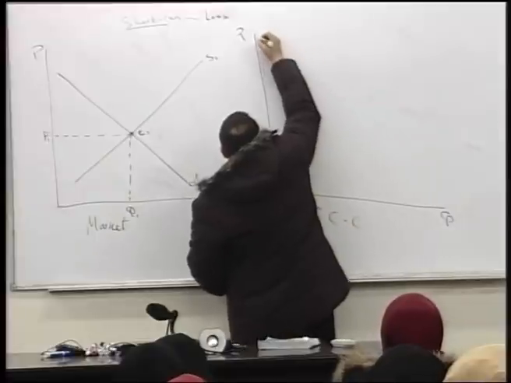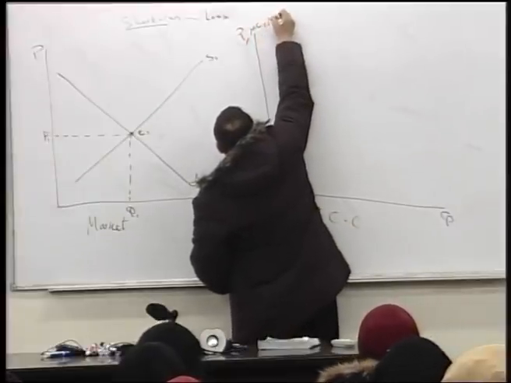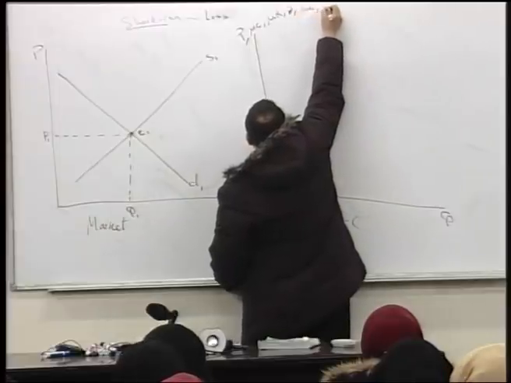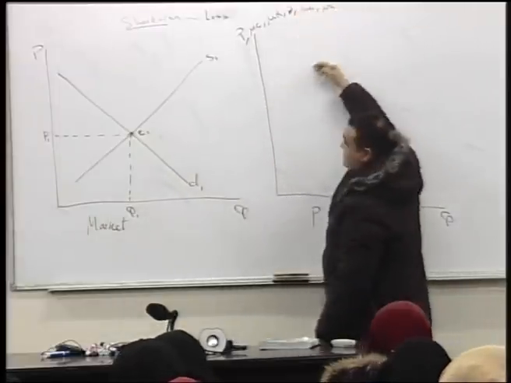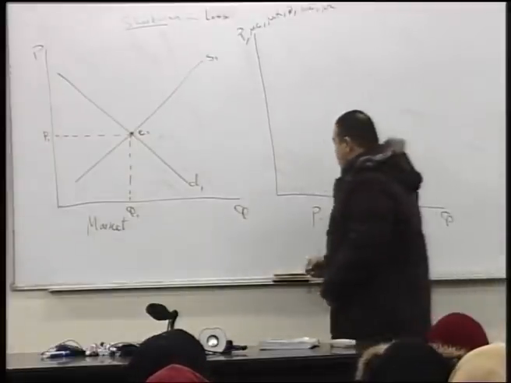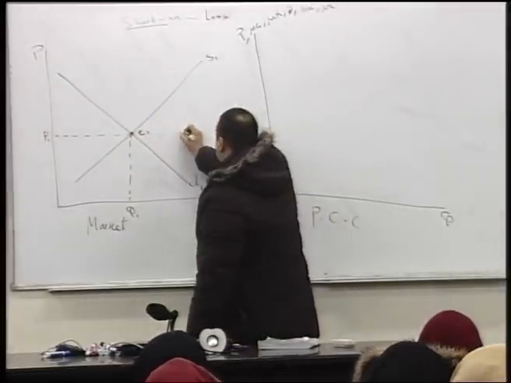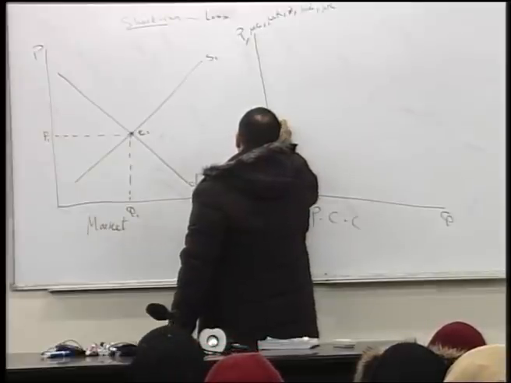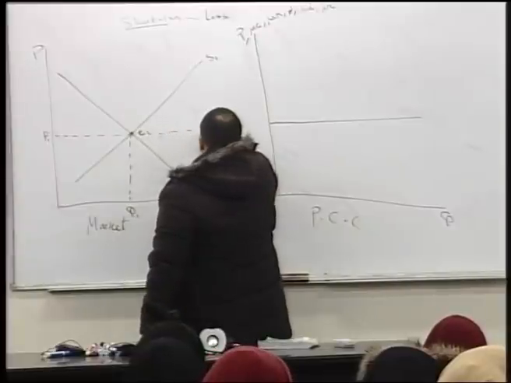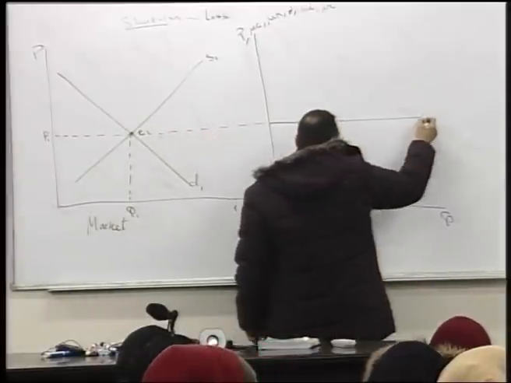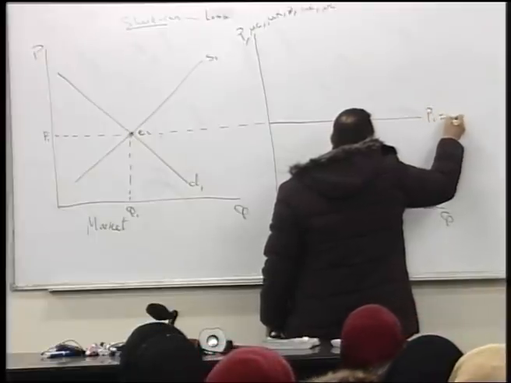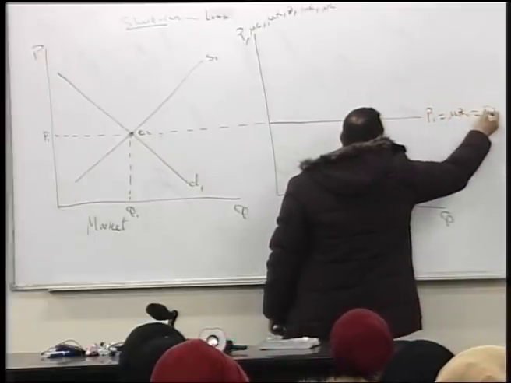Price and quantity, MC, MR, D curve, and AVC, ATC. These are the variables that will be drawn here. The price that the company can sell: P1 equals MR1 equals D1.